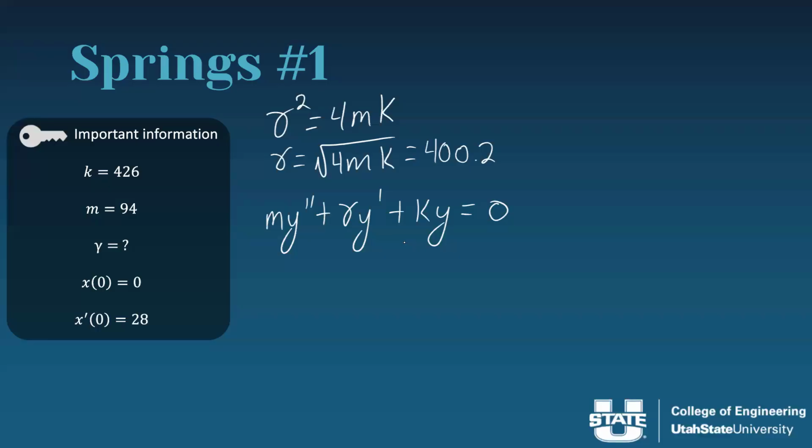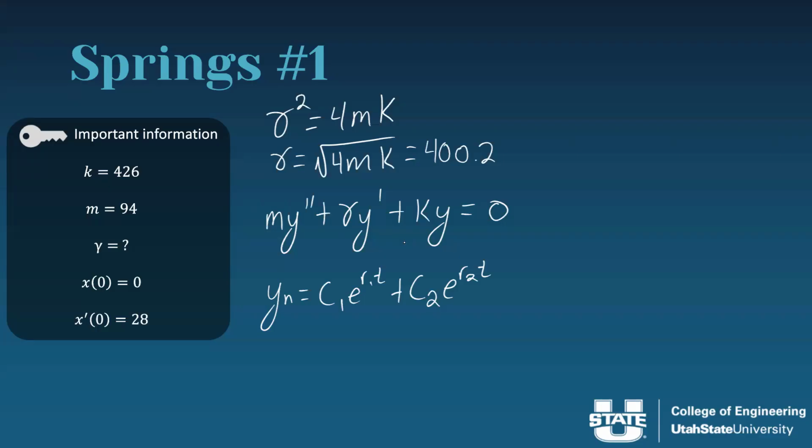And does anyone remember for second order differential equations how we usually do our null solution? It's C1 e to the r1 t plus C2 e to the r2 t. So first off, yes, that's right. But where do we get our r1 and r2?